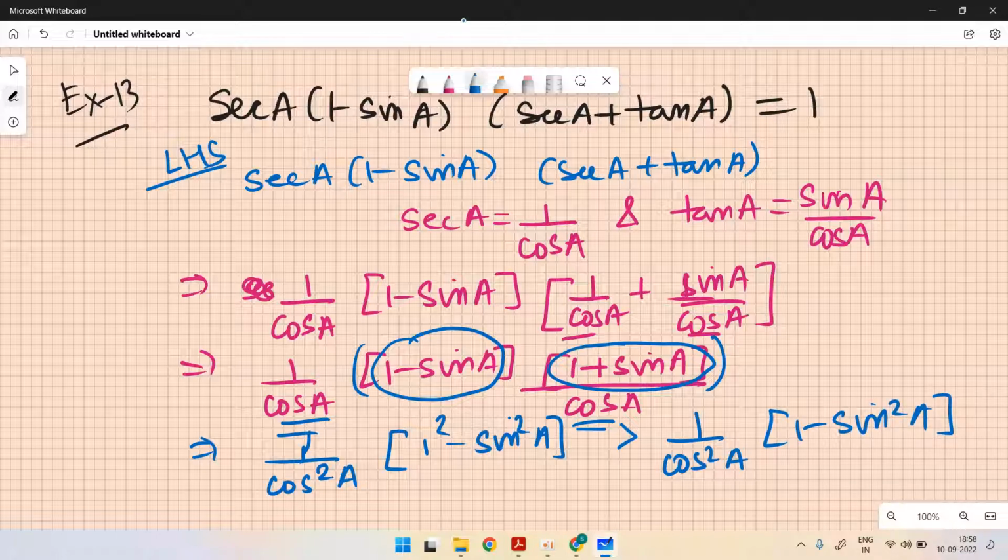And from the property you know that cos square A plus sine square A equals 1, which implies that cos square A equals 1 minus sine square A. So you substitute this value here.